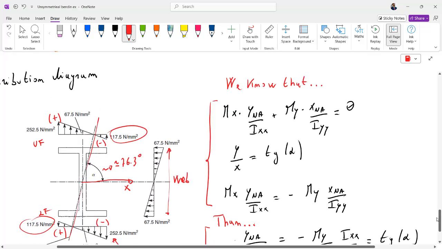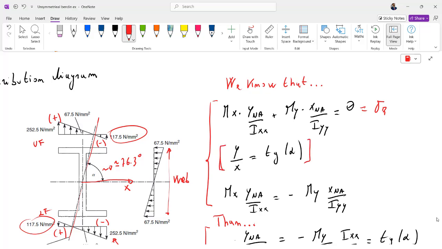We know that along the neutral axis, the sigma z is equal to 0. So the point yA and xA is any point, a certain point of this neutral axis. So we know also that the ratio between y and x coordinate gives us the tangent of alpha.